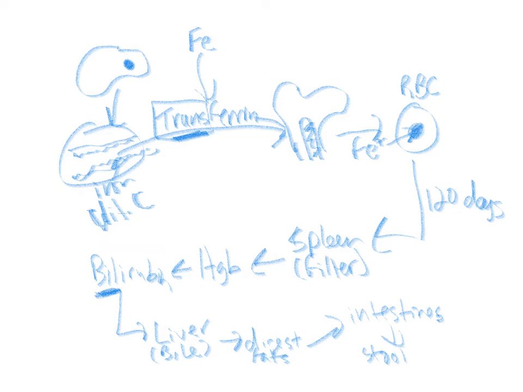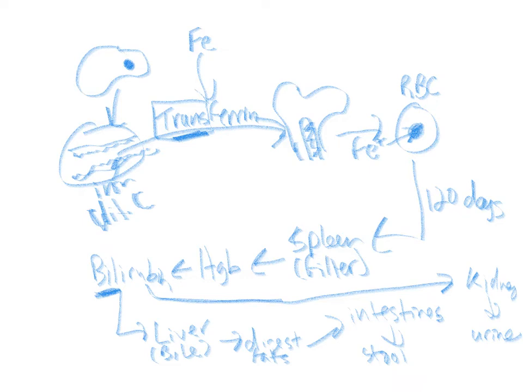And the bilirubin that is not sent to the liver to become bile eventually gets cleared or filtered through the kidneys. And so you will also excrete some bilirubin in your urine, and a little bit is normal.